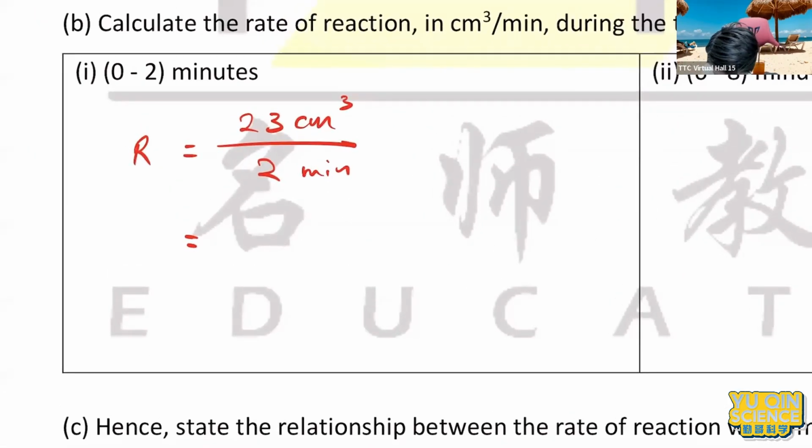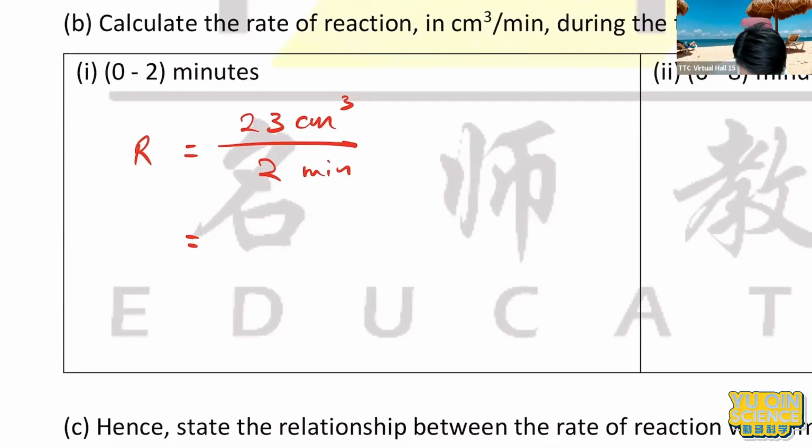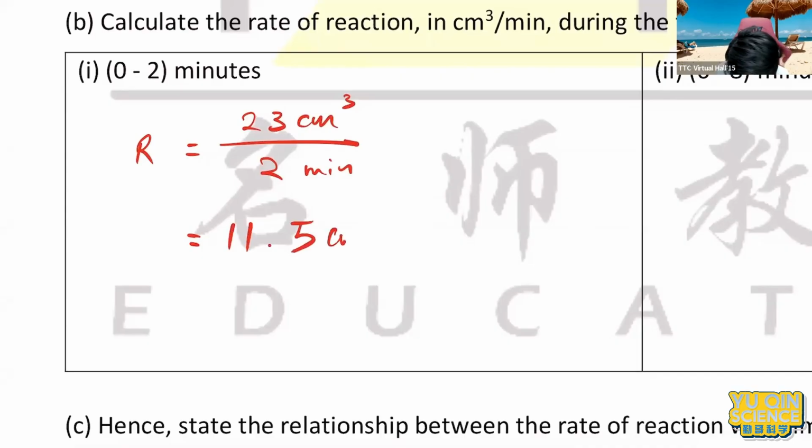All good. That will be 11.5 cm cube. Ayo, per minute, why that one? Usually it's s negative 1 but it's okay, let's follow this.